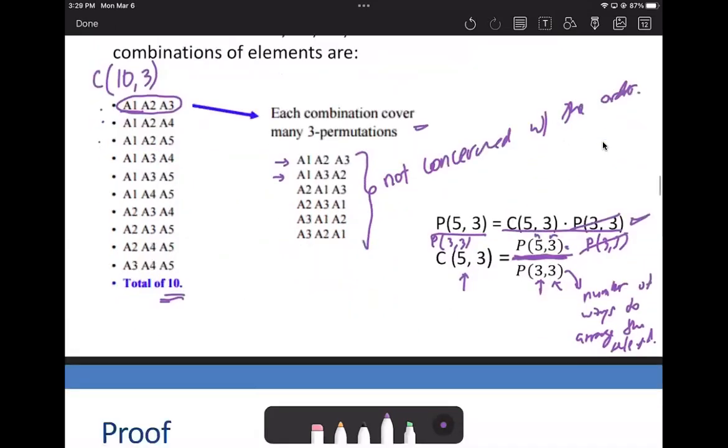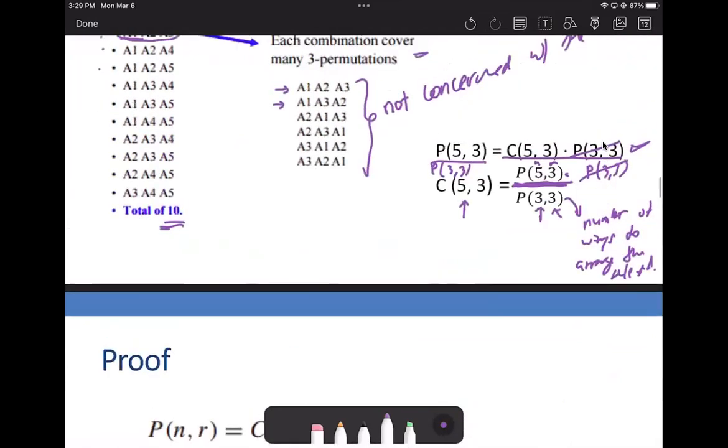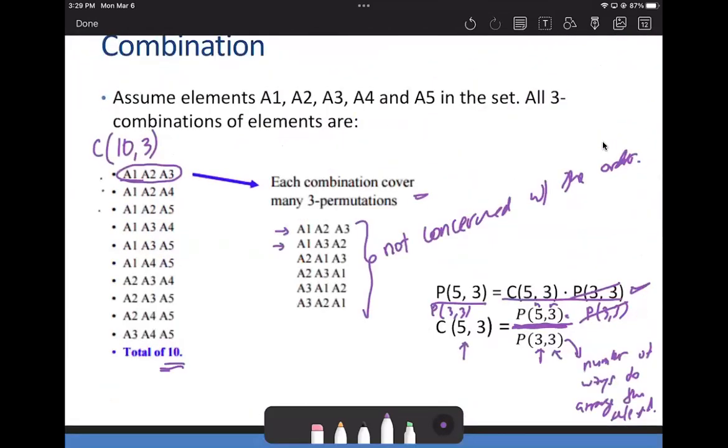Anyway, moving on. Nagets nyo ba? So we have the combination and each na combination can cover many na 3 na permutations. So yung kumbaga, ito, counted siya isa-isa sa permutation.